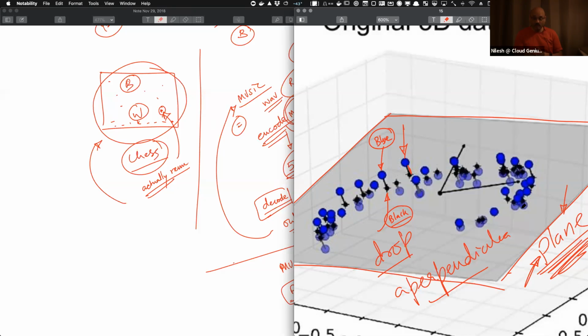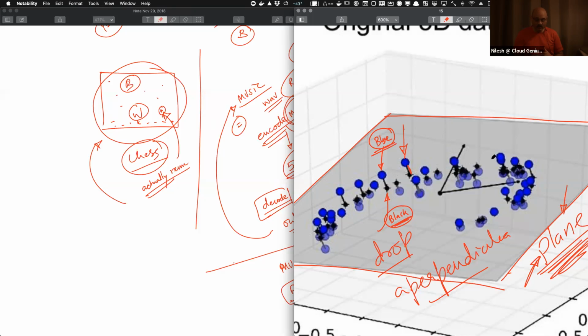We don't know where the imaginary plane is going to be. And we want to find out the position of the plane in 3 dimensions. Where does the plane lie? Or rather, which plane will minimize the error? The error will be calculated based on the difference between the position of blue and the position of black. Black is a projection of blue. And you can do that for every single data point. All the blues are data points.